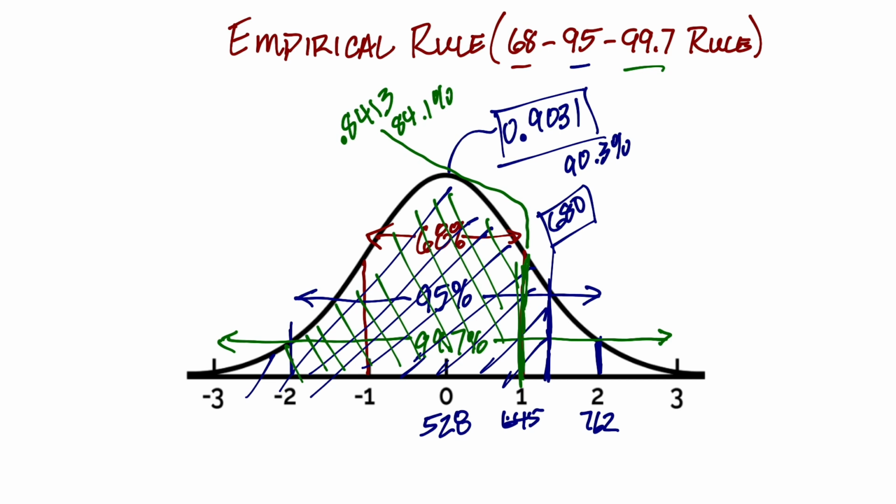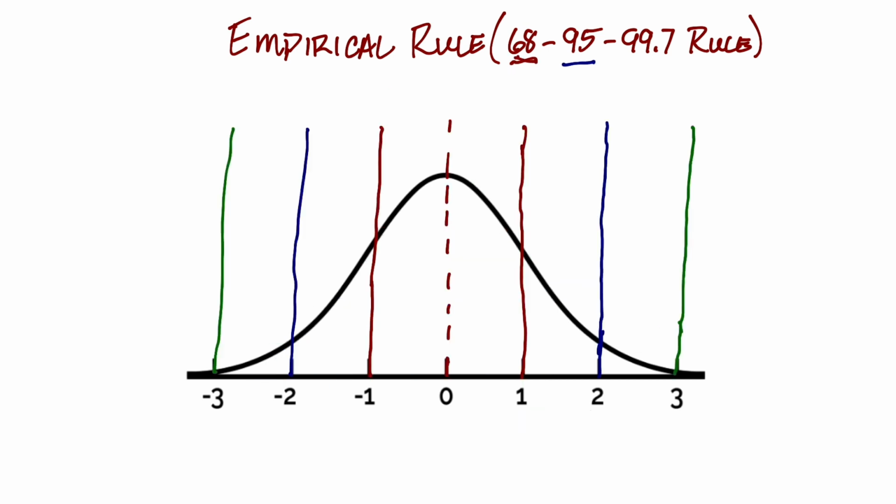But it is the empirical rule that allows us to quickly figure out some of these. So let's look at that really quick. If the area between the first two standard deviations is about 68%, about 0.68, and this is very about-ish, it's not exactly that, that would tell me that this portion here is about 34%, which is half of 68.